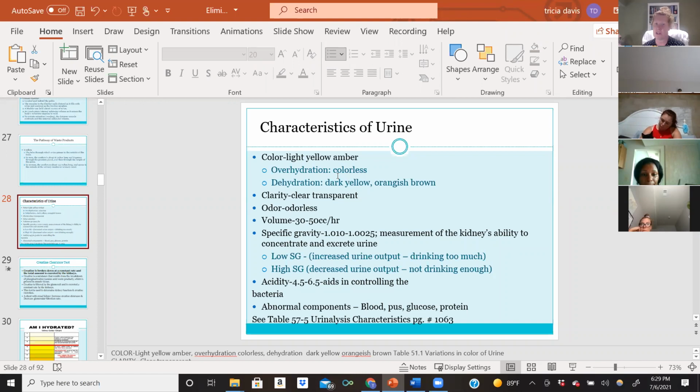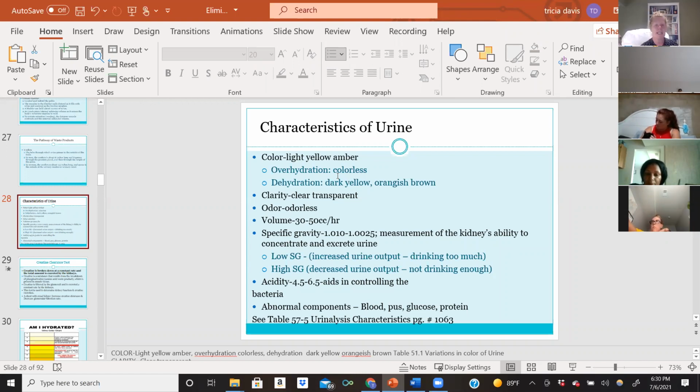So they can't hold their urine all night long, and they're never going to go all night without peeing and then have that really dark yellow concentrated urine in the morning. If we are overhydrated, which means we are taking in too much fluid, it's going to be colorless. If you guys have ever been on a healthy kick and decided to drink a lot of water, you'll know that sometimes when you pee, you can't even tell it's in the toilet because it's completely the same color as the toilet water. If you're dehydrated and you're not drinking enough, you can have very dark yellow, even an orangish brown type of color to your urine.